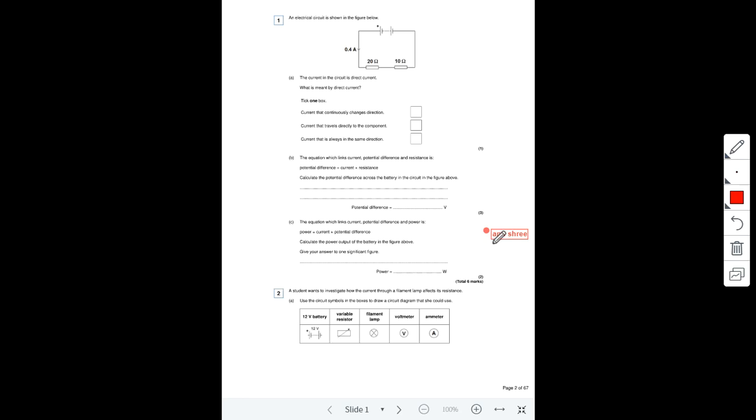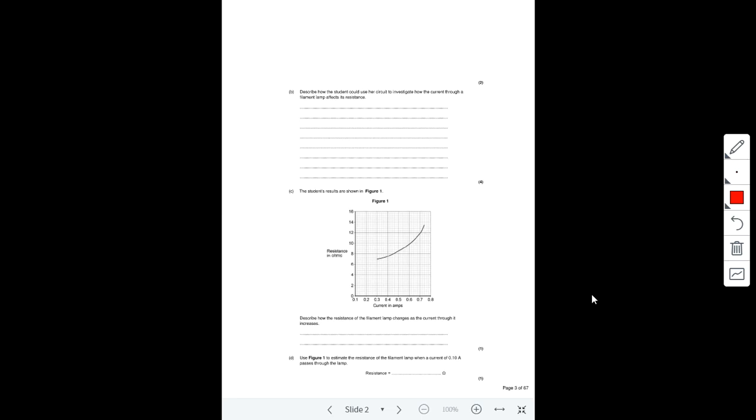Yeah, that's correct. Now see question number 2. Okay, so it's given as use the circuit symbol to draw the circuit. Okay, leave this question as of now. Okay. Now see part B.